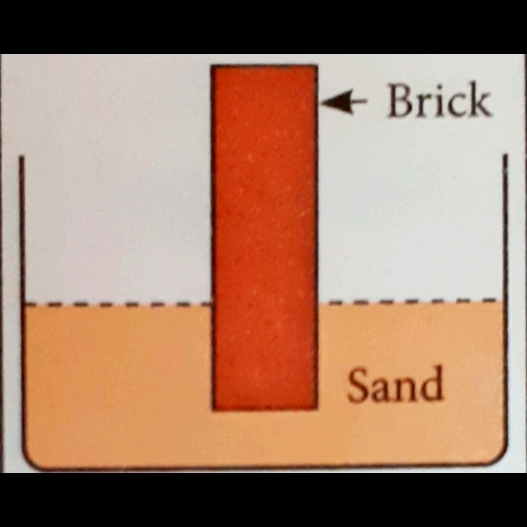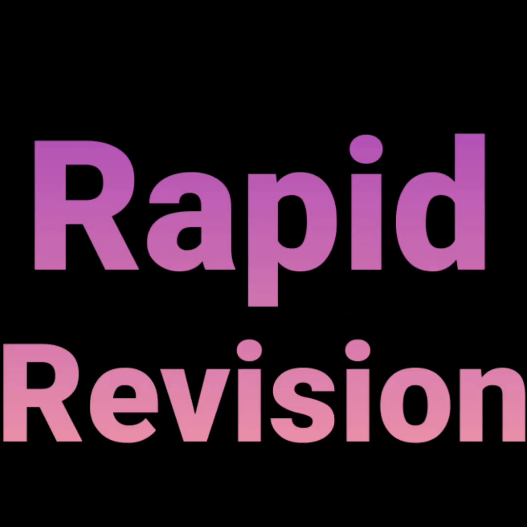So, the area of contact of the brick with the sand will be less. Because of this, the brick exerts more pressure on the sand, due to which it leaves a deeper impression as compared to the impression in case 1.